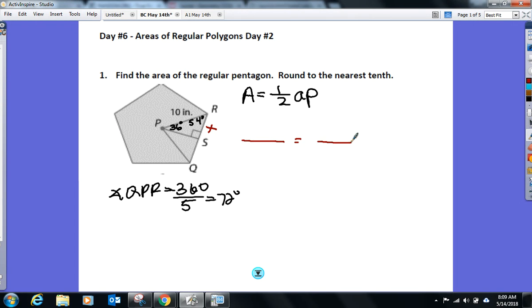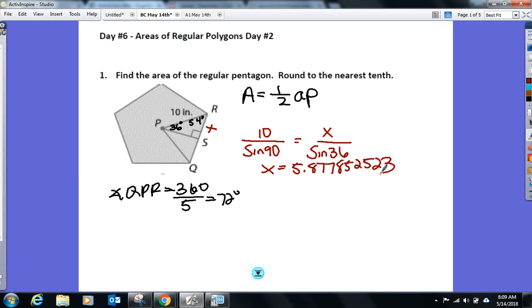I did 10 over the sine of 90, which is 1. 10 over sine 90, got it, equals X over the sine of 36. This is one way you could get to RS. And that should have ended up being 5.877852523.